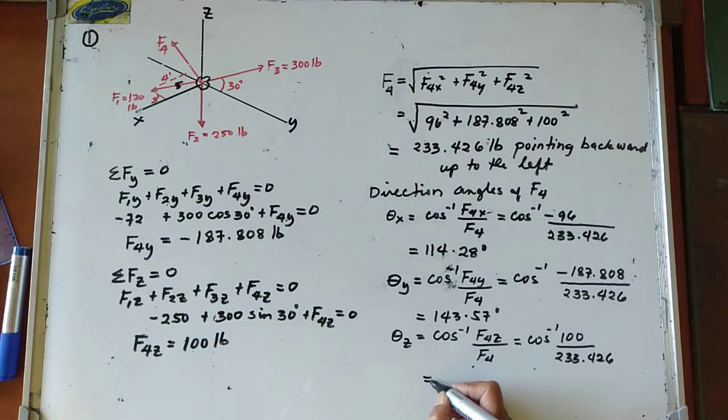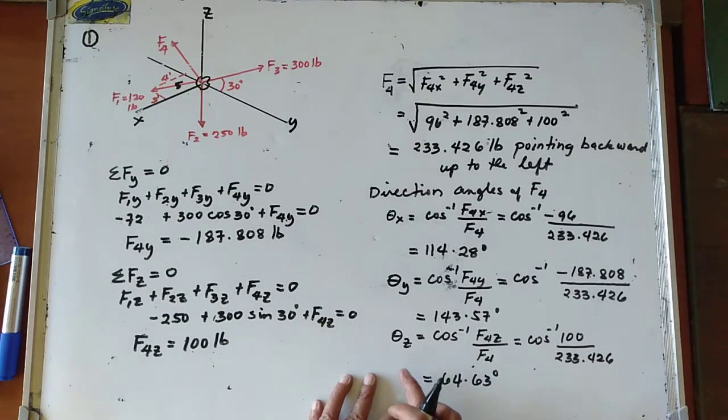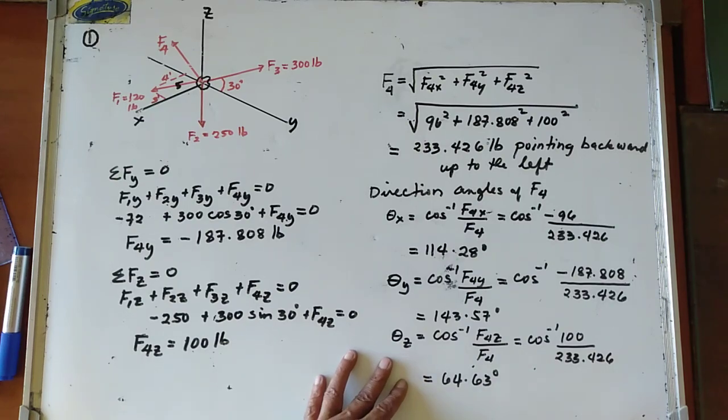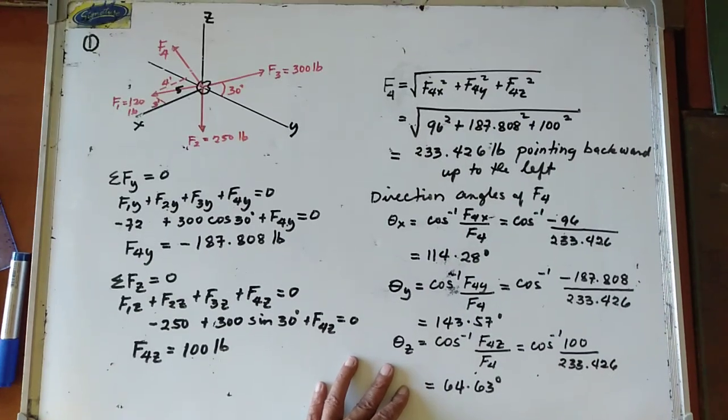Your theta z is 64.63 degrees. Again, F4 is making an angle of 64.63 degrees with the positive z-axis.